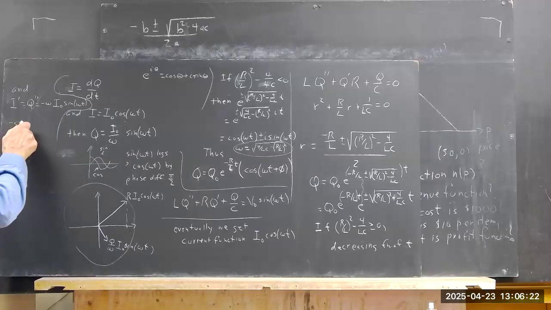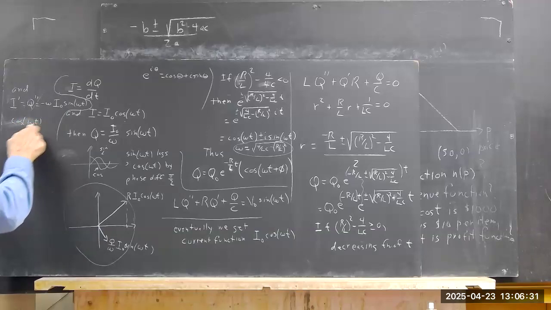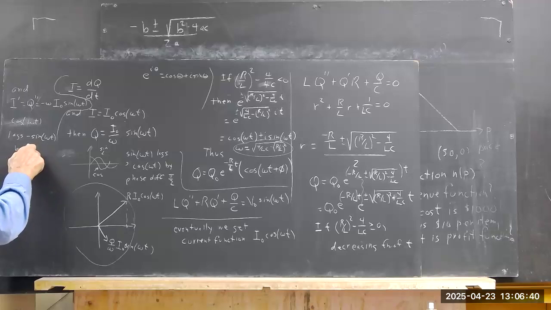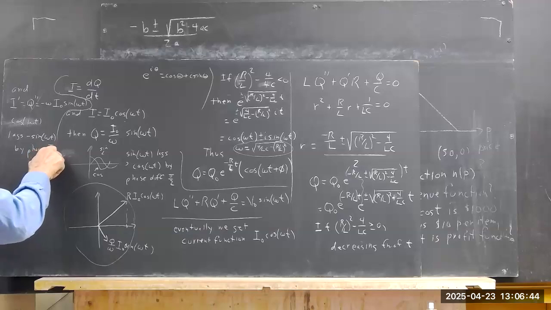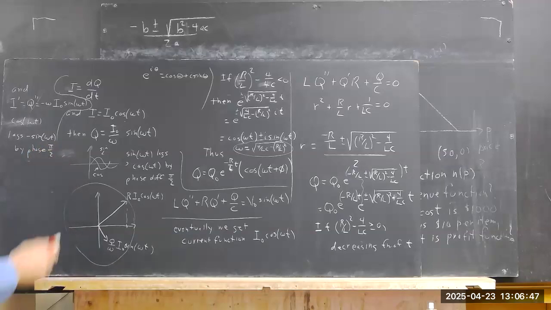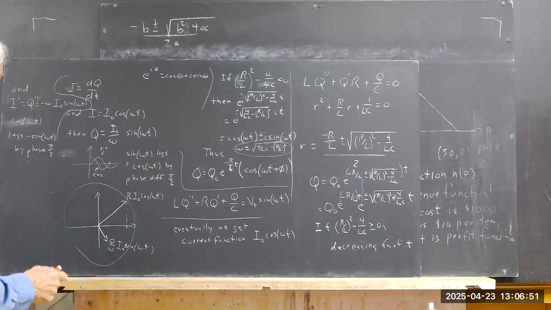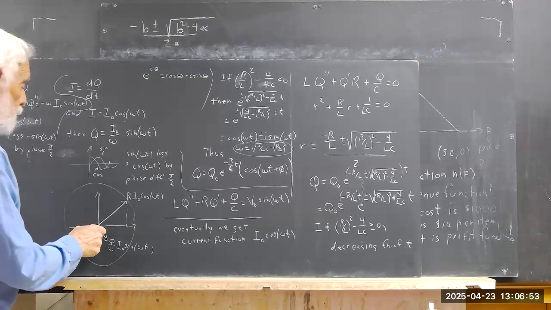So, let's put it this way, cosine omega t times negative sine of omega t by phase difference pi over 2. That's where I've got this diagram backwards. But let's just go like this.